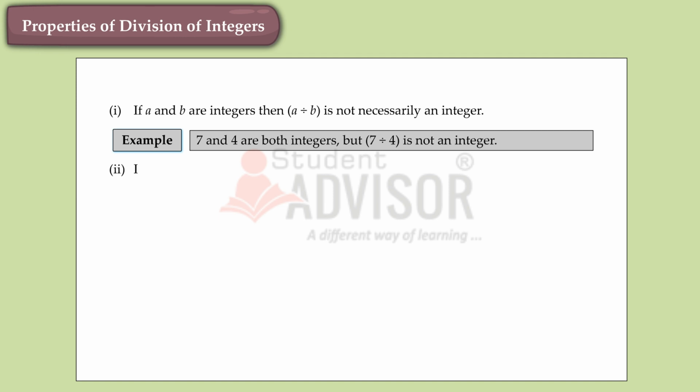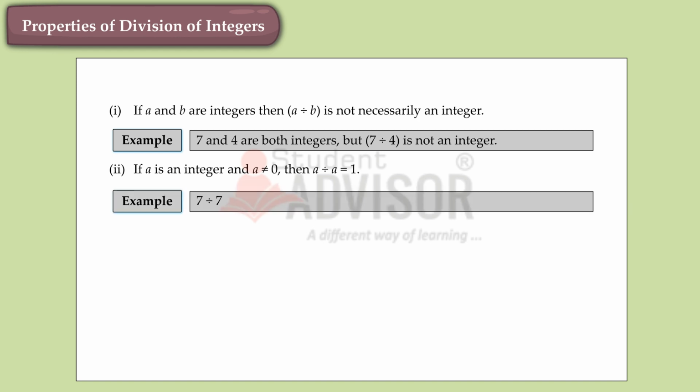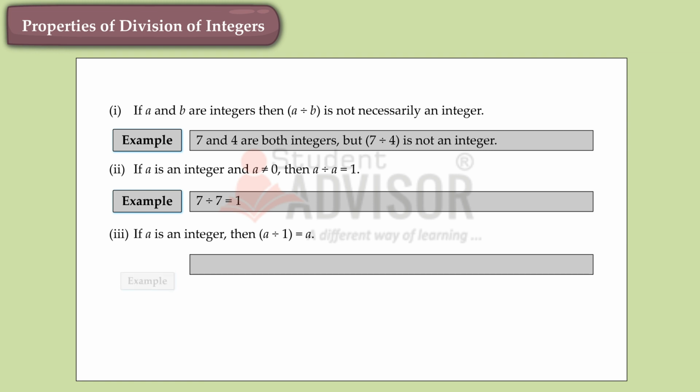If a is an integer and a is not equal to 0, then a divided by a is equal to 1. Study the given example. If a is an integer, then a divided by 1 is equal to a. Study the given example.